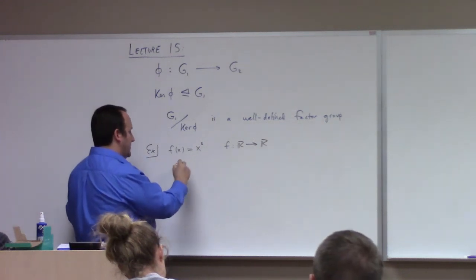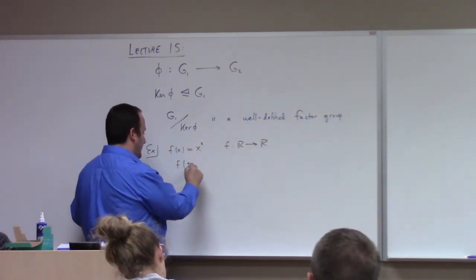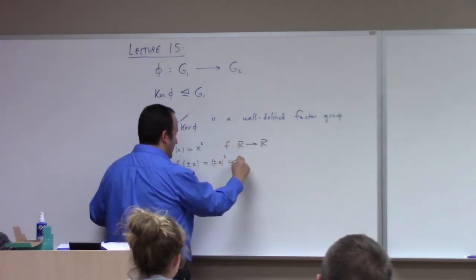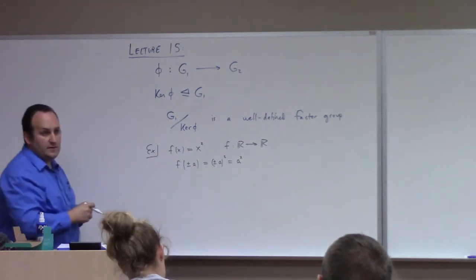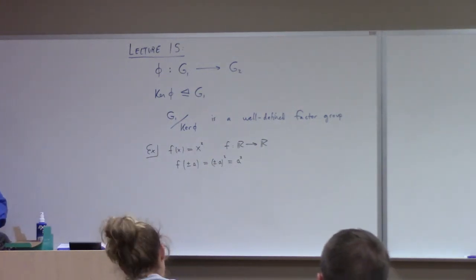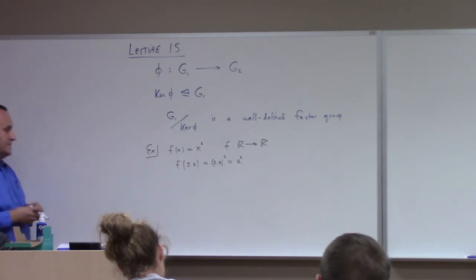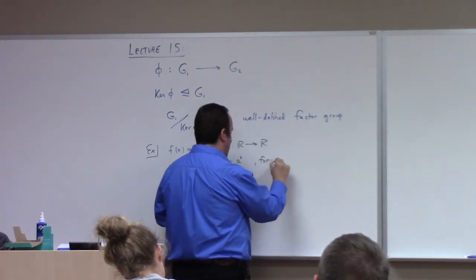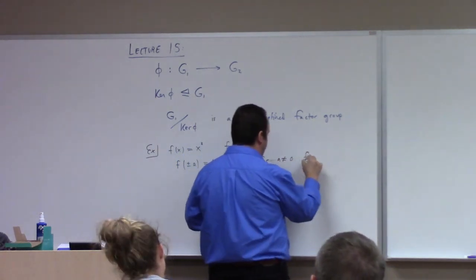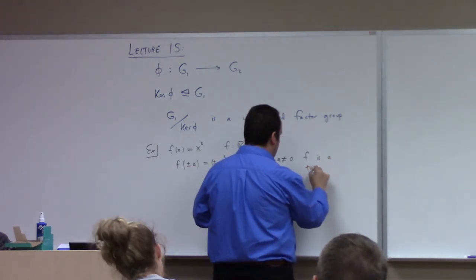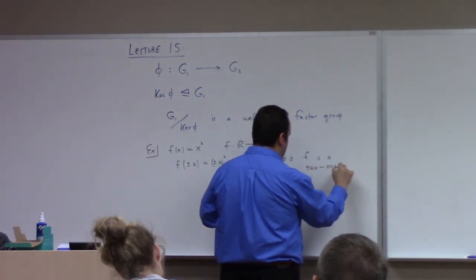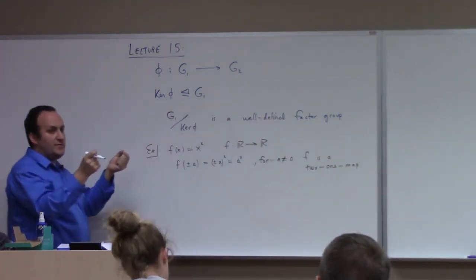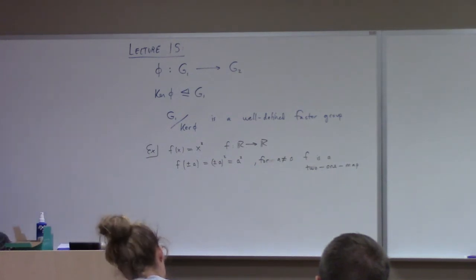You know that f of plus or minus a is the quantity plus or minus a squared, which of course is just a squared. So if a is non-zero, both a and minus a map to the same point. So for a not equal to 0, f is a 2 to 1 map. It takes 2 points in the domain and squishes them to 1 point in the range.